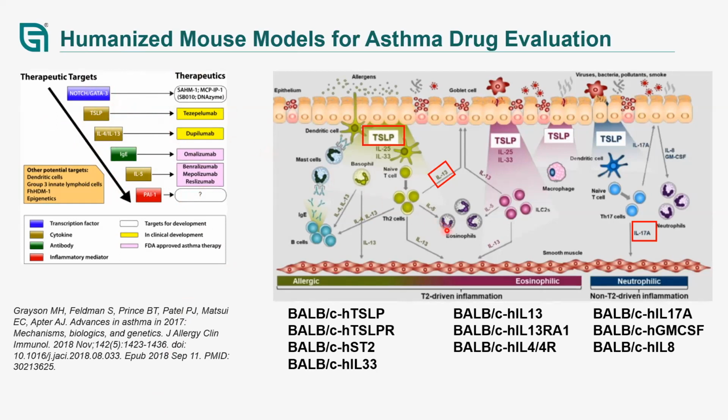Depending on the humanized genes and proteins, models reflect allergic, eosinophilic, neutrophilic asthma that are either type 2 driven or non-type 2, non-T2 driven inflammation. And shown here are models fitting into each of these categories.